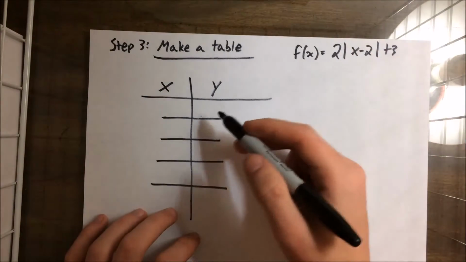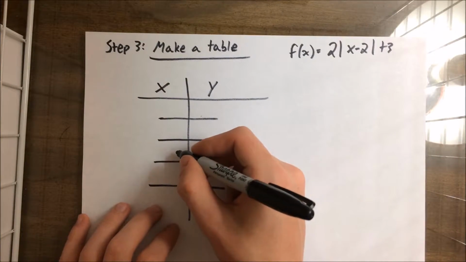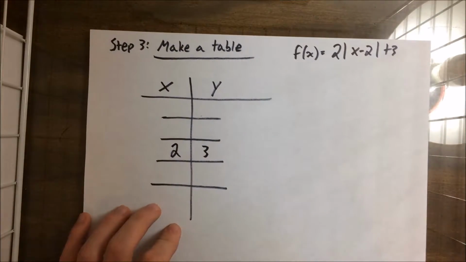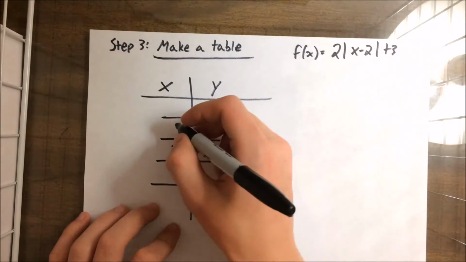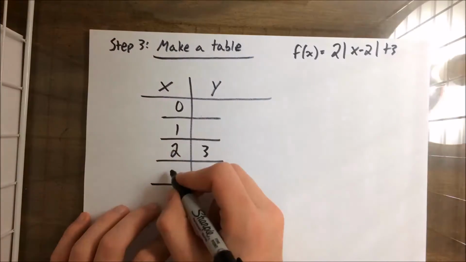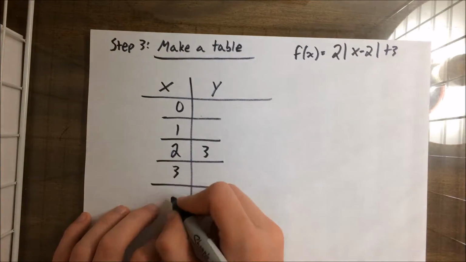Okay, so let's start with the vertex and put that in the middle slot here. The vertex was 2, 3. So let's go 1 above that, so 0 through 4.